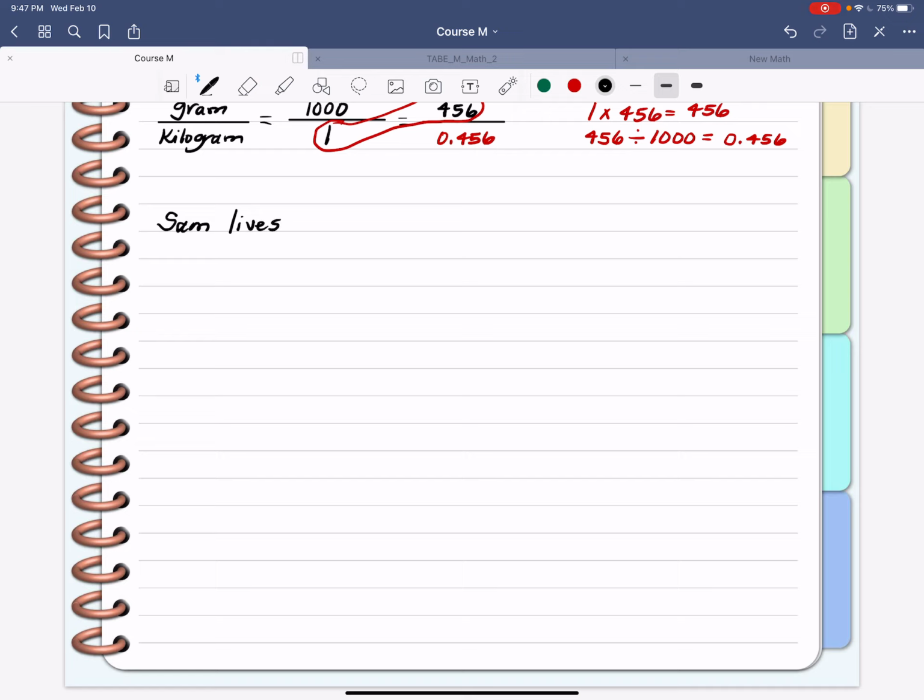Sam lives 9.632 kilometers from Daisy. How many meters would this be?